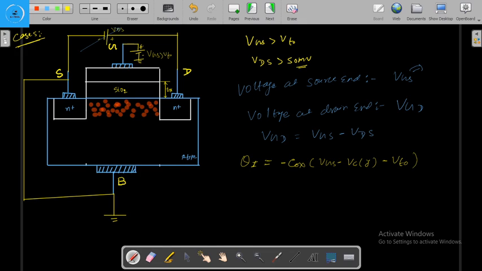Now, as we are increasing the drain voltage, the gate to channel voltage is decreasing when we are moving from drain to the source.